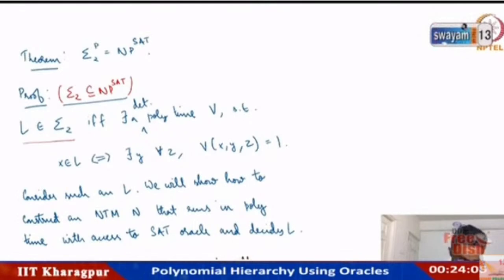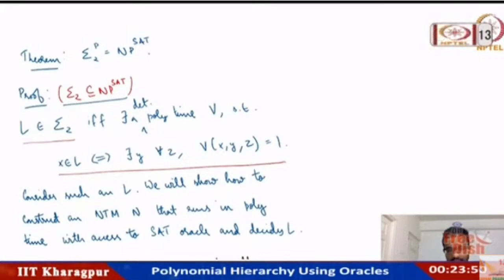I skipped the detail about Y and Z being of polynomial length. So this is the definition of sigma 2: L is in sigma 2 if there is a polynomial time verifier V such that for all X in L, there is a Y such that for all Z, V(X, Y, Z) evaluates to 1, or the deterministic verifier successfully verifies X, Y and Z.